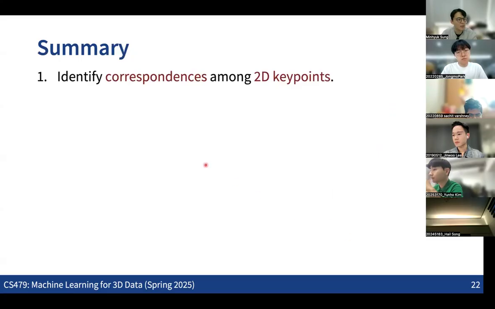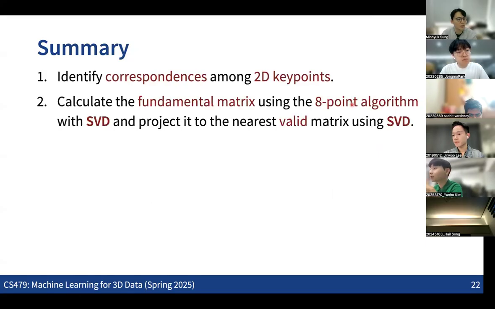And the summary is that we first identify the correspondence of the 2D key points. Based on that, we use the 8-point algorithm with the SVD to calculate the fundamental matrix. We also find the closest valid fundamental matrix, which has rank 2, using the SVD.